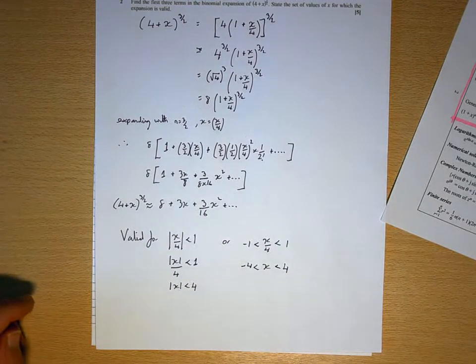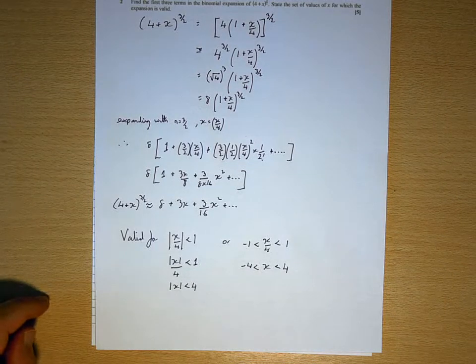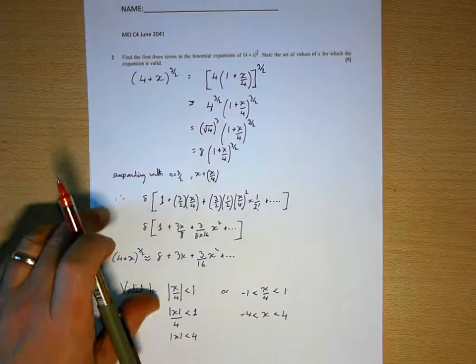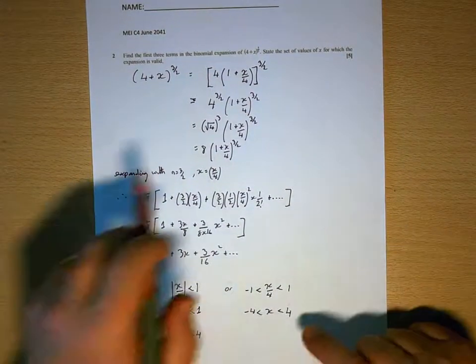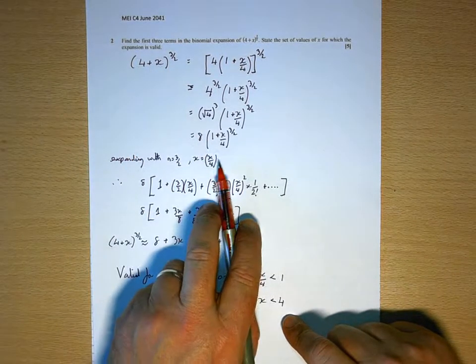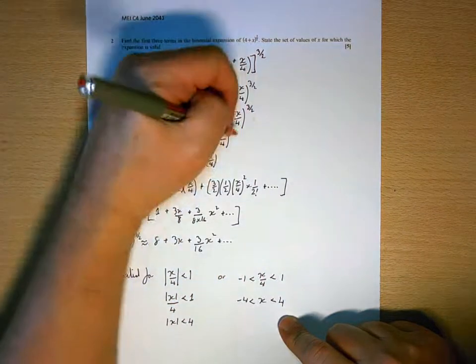So that's it. That's the complete question. Let's take a look at how the marks would be awarded for that. You would get a method mark for rearranging that into a form where you can expand it. So there's a method mark for getting down to that point.